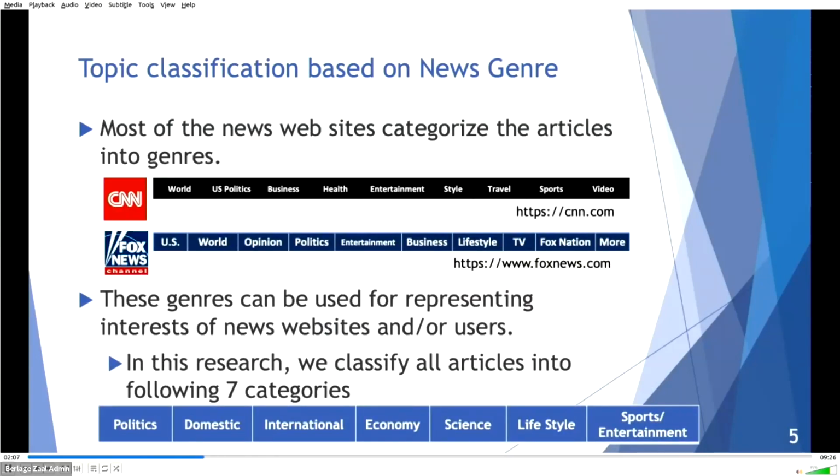As the first step, we use news genres as labels for topic classification. Since most news websites use such categories, we made the following categories for classification: politics, domestic, international, economy, science, lifestyle, sports, and entertainment.